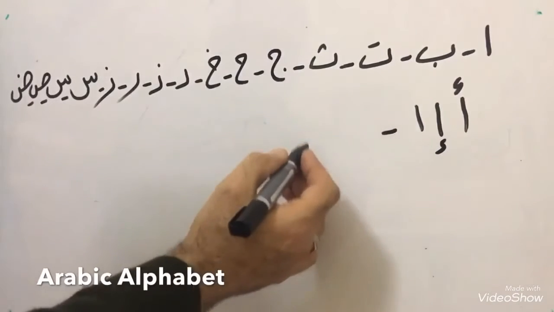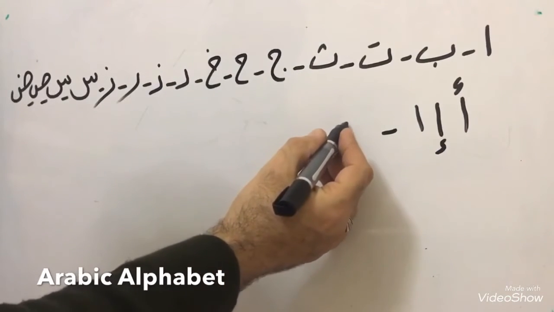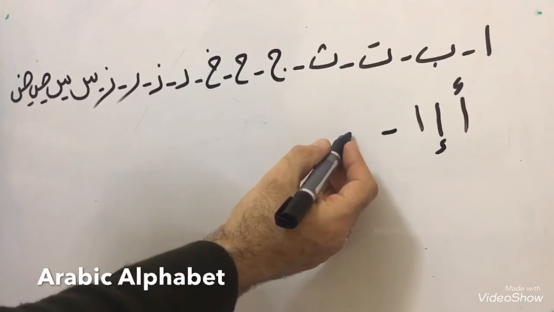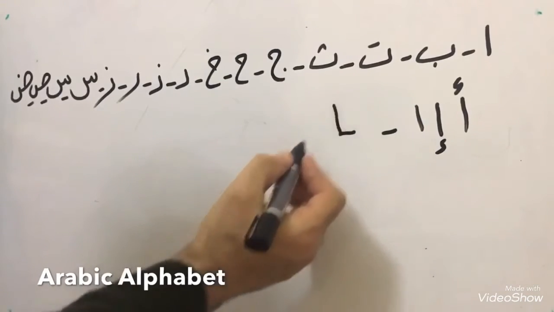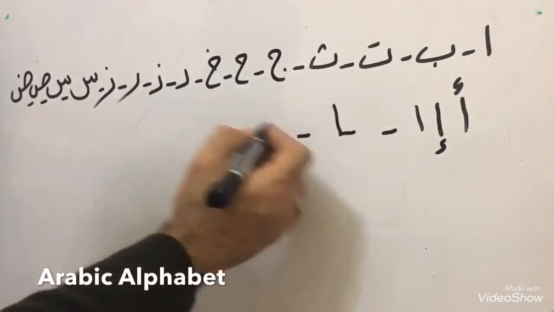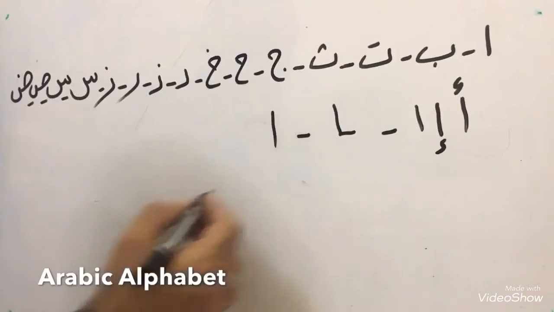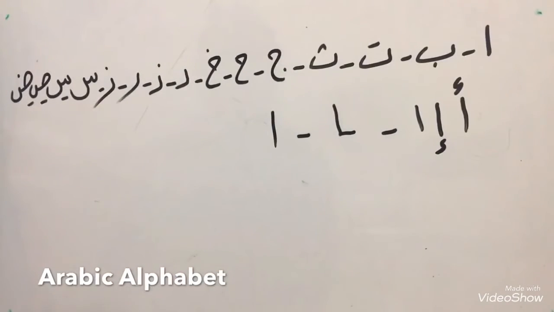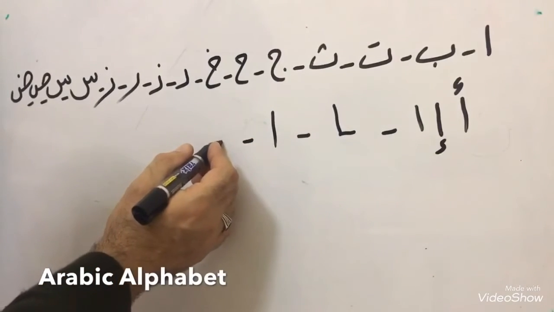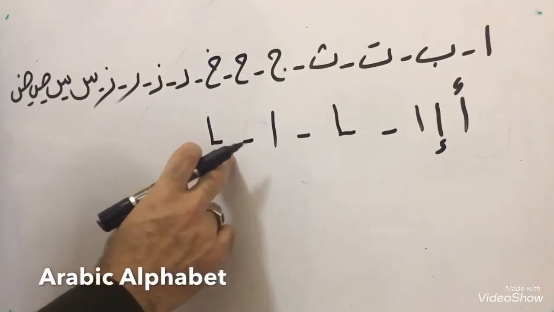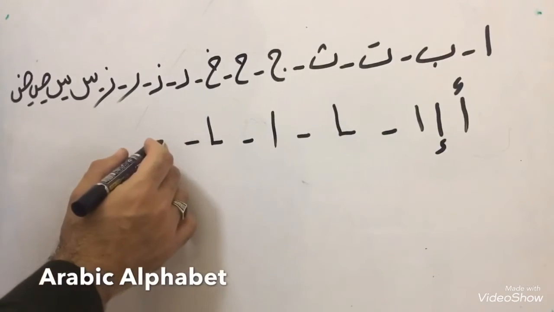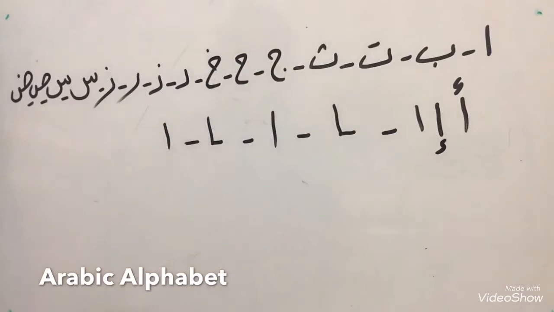It might be in the middle of the word, either connected with the letter before, so it will be like this, or separated like this. It might also be at the end of the word, like this if it is connected with the letter before, or if it is separated, it will be like this. This is Alif, all the kinds of writing the letter Alif.